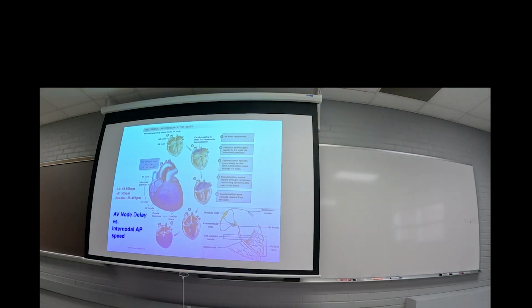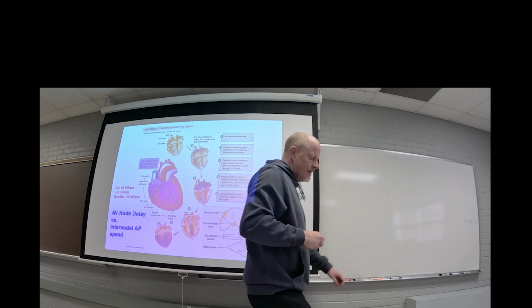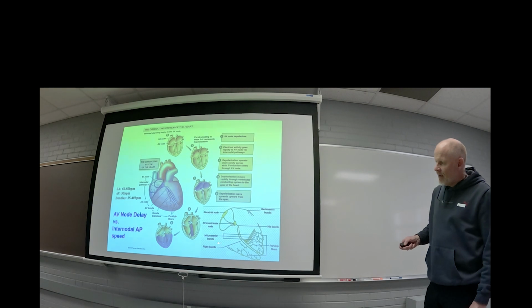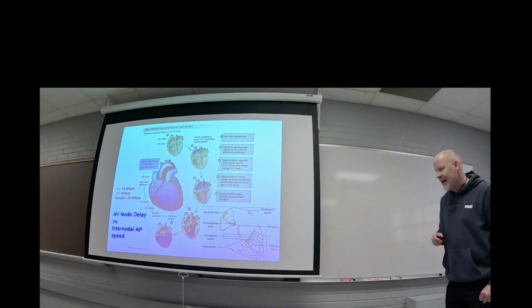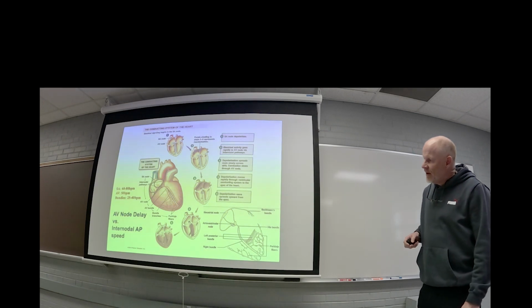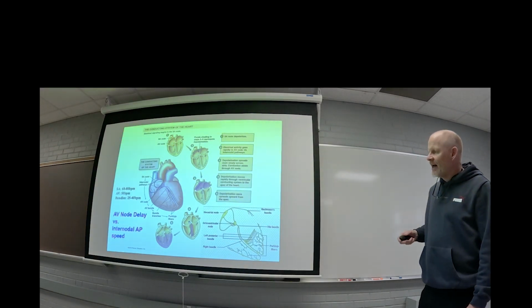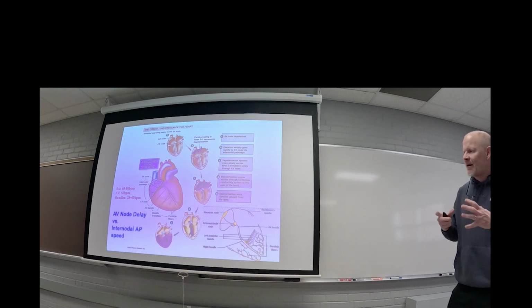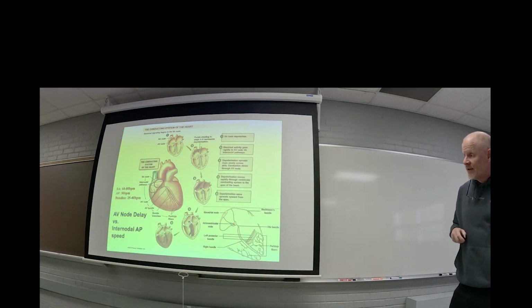Okay, this slide shows you that autorhythmic network set up for you. I found an image from an anatomy textbook that shows the entire intrinsic pathway of stimulation that happens within the heart.